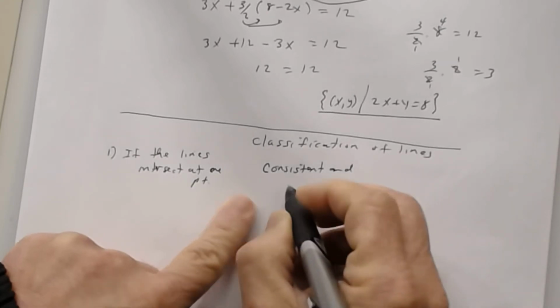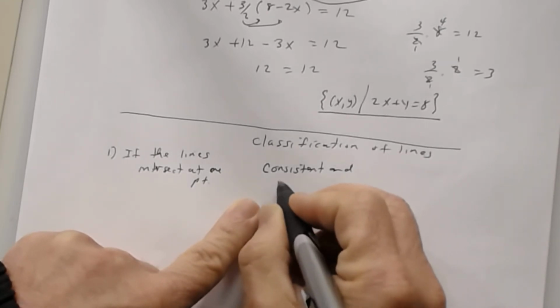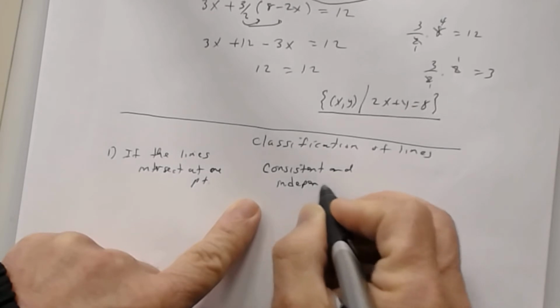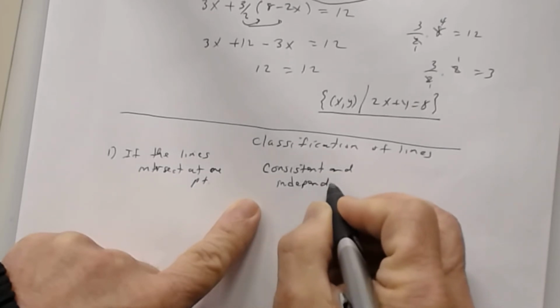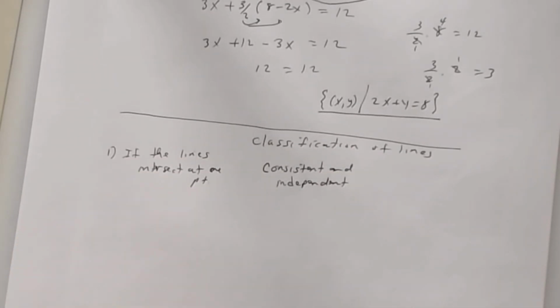and independent. Consistent and independent. So if it has at least 1 solution, it's a consistent system. They're independent if the 2 lines are not the same.